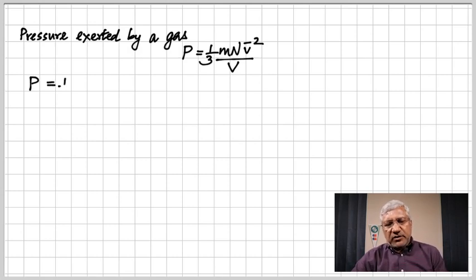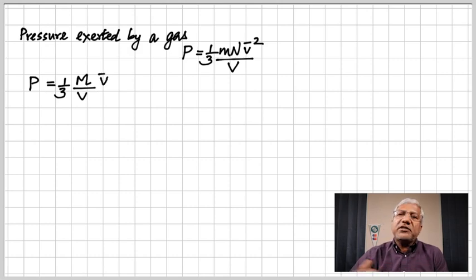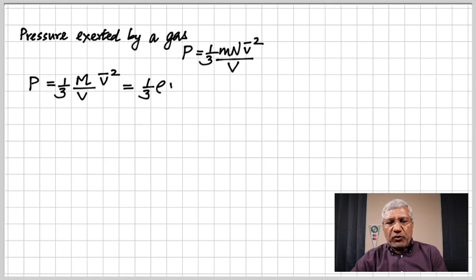So let's write that. 1 over 3 total mass by volume v bar squared. What is mass by volume? It is density. So 1 over 3 rho v bar squared. So from this we can find out a formula for calculating the root mean square velocity, v bar.